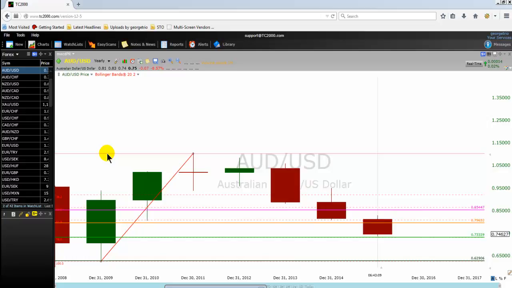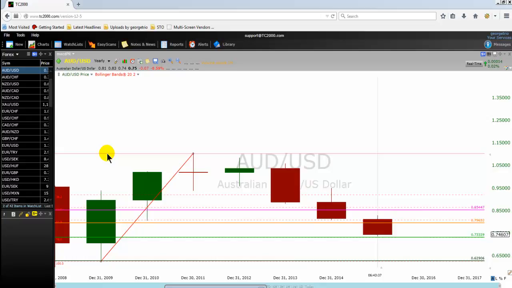However, I want to share with traders the number one factor that will influence this currency pair. The number one factor is what? The central bank decision, either by the United States or the Bank of Australia, will influence this currency pair.